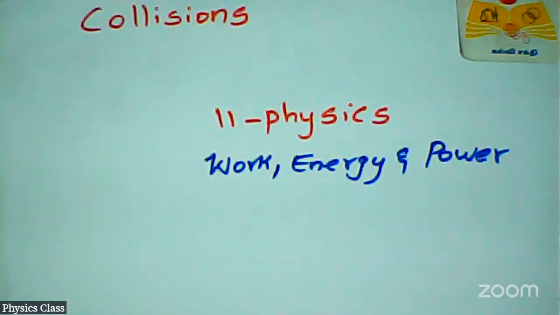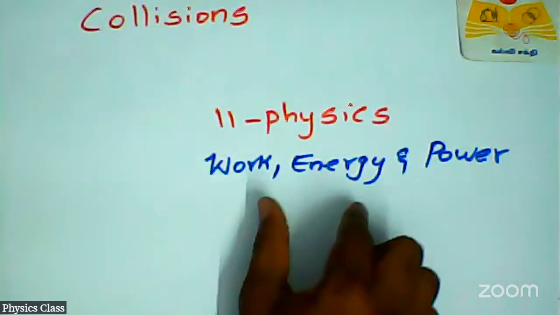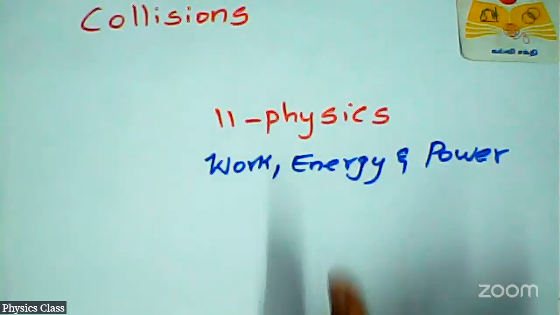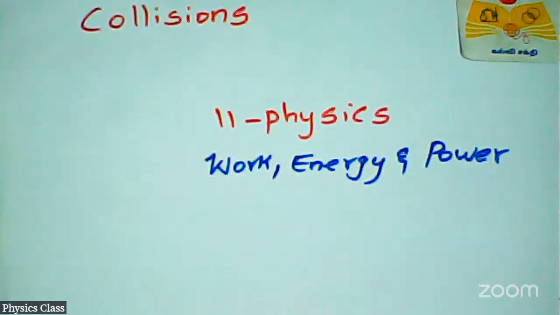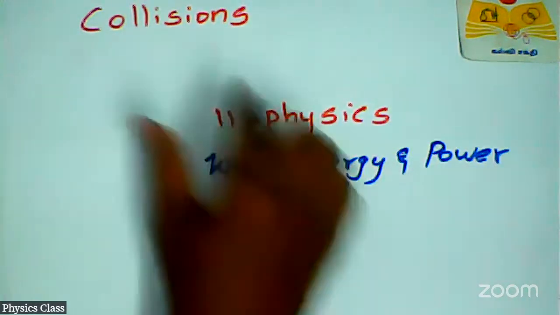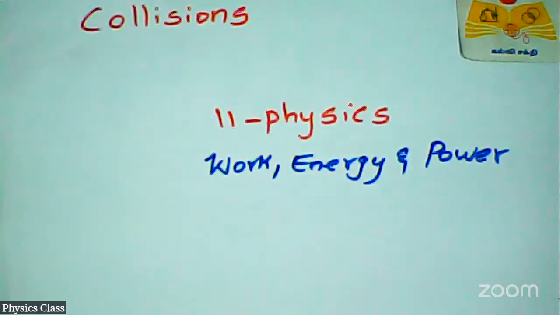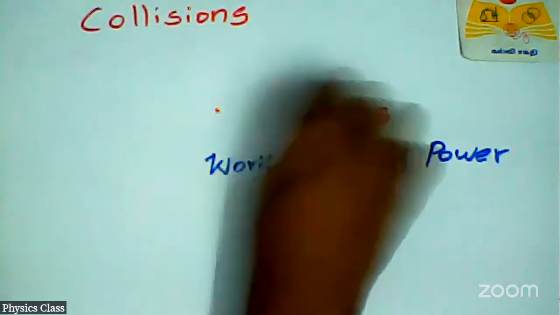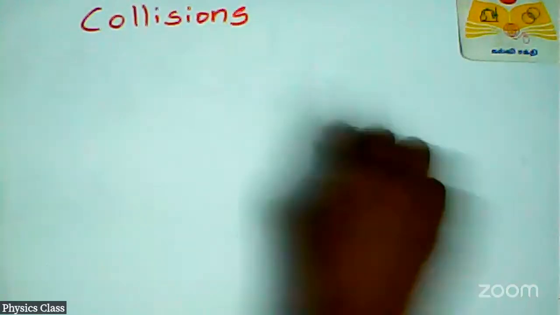Namaskaram. Good evening, students. Today we are going to discuss collision. Collision belongs to the unit work, energy, power. In your 11th physics chapter on work, energy, power, we have one important concept, collision.